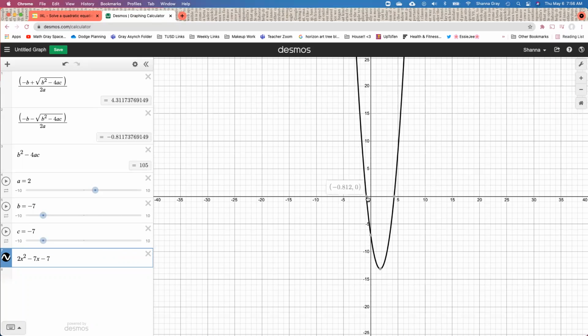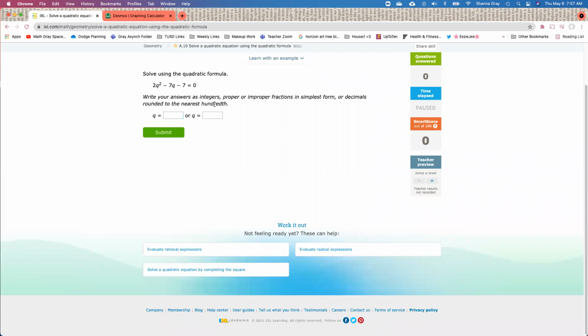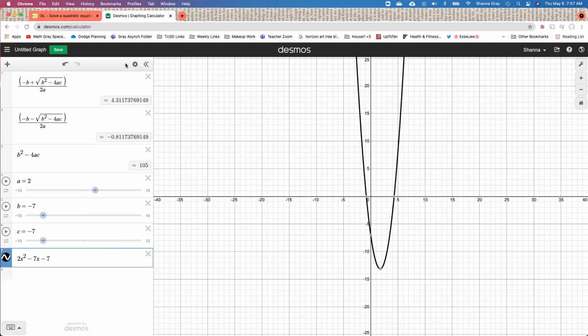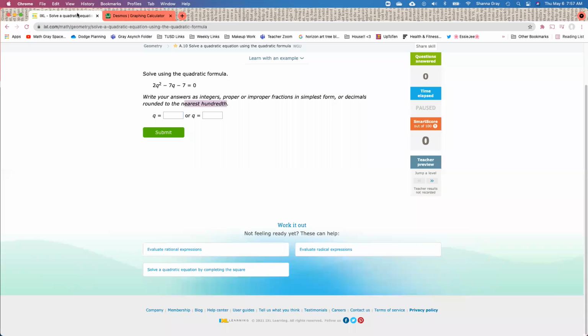So really, if I'm thinking about rounding to the nearest hundredth, right, because IXL wants you to do the nearest hundredth for this, then I would be doing 4.31 and -0.81. 4.31, -0.81. Double check. Submit. Perfect.